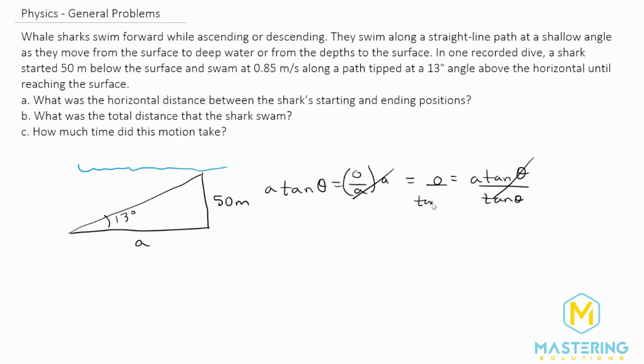So rewriting it down here, we have the adjacent is equal to opposite divided by tangent of our angle theta.